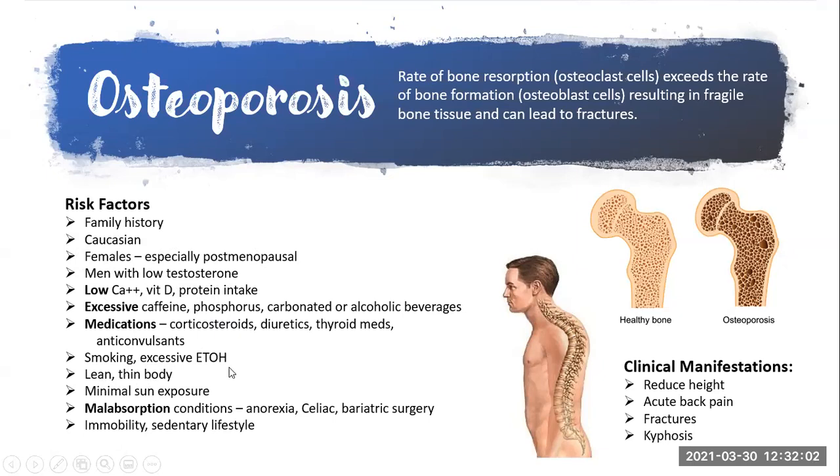Caucasian, thin, lean women, men with low testosterone, and then of course, low calcium and vitamin D. Calcium, vitamin D, and phosphorus all play an important role in bone production. So low levels of calcium, low levels of phosphorus, and low levels of vitamin D all impact bone metabolism.